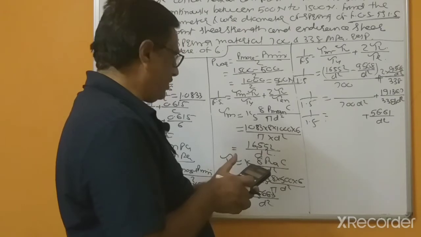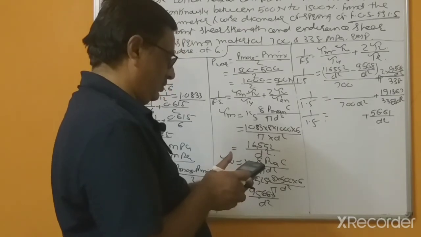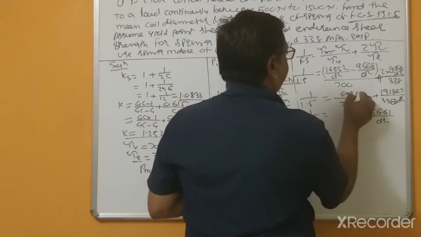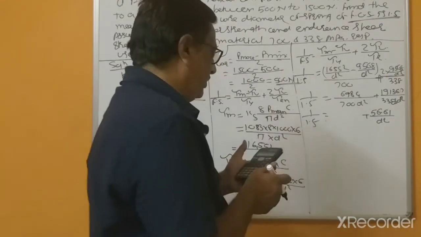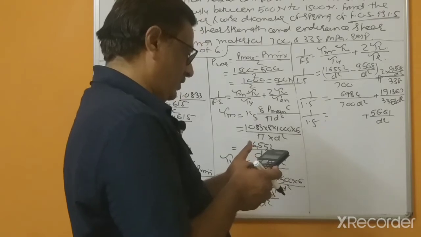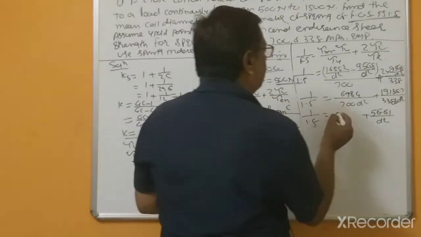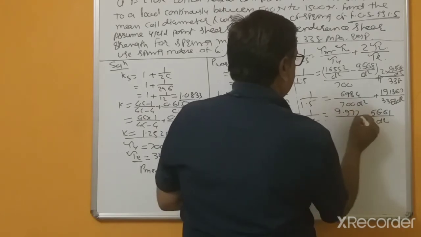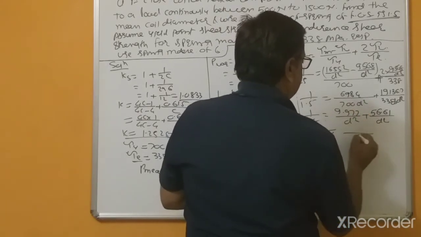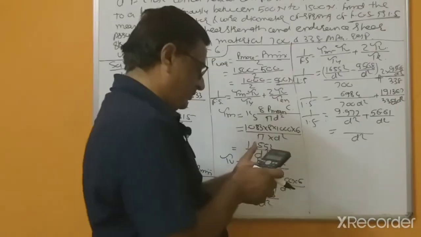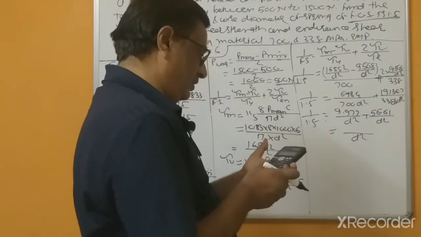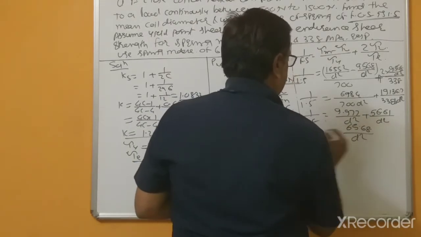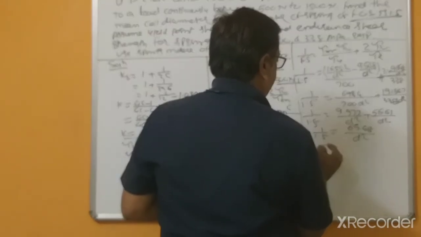This is equal to 9.977 d squares, and d squares plus 56.61, this is equal to 65.68 divided by 1.5.